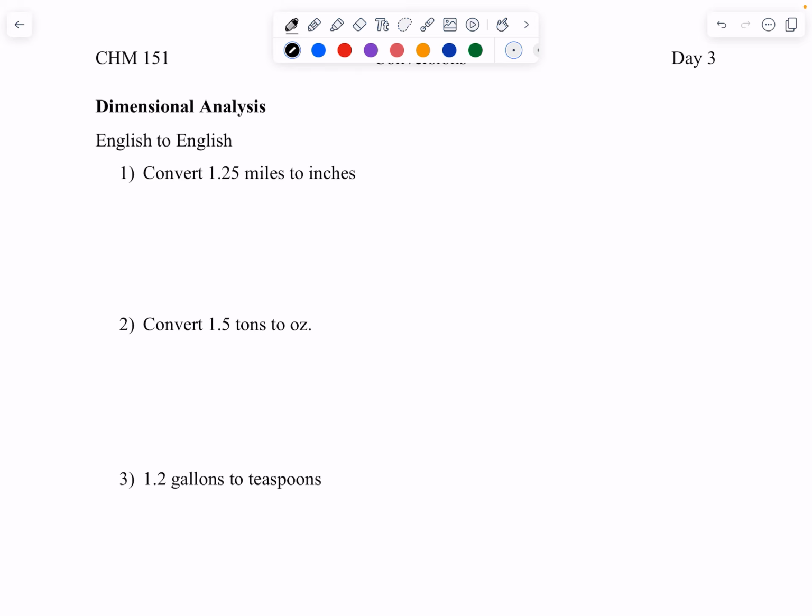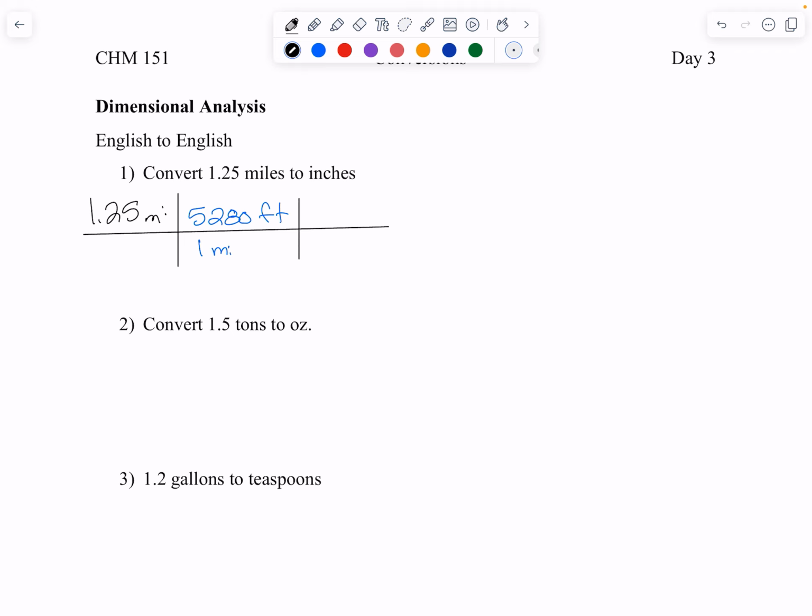So converting English to English units, 1.25 miles to inches. So 1.25 mile. All right. Now, sometimes there's more than one way to do this, okay? Sometimes there's more than one way to convert. And if there's more than one way, that's okay. So we're going to do mile. 1 mile is 5,280 feet.